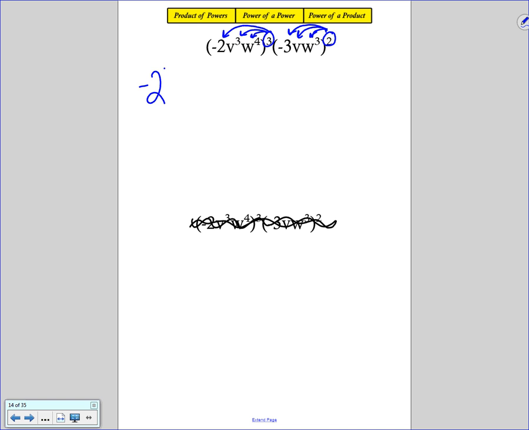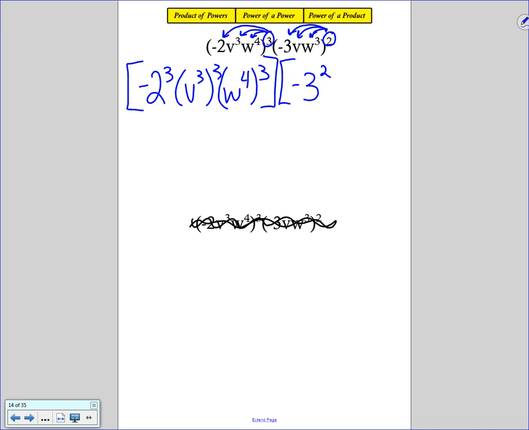I've got negative 2 cubed, v cubed, cubed, and w to the 4th cubed. And I'm multiplying all of that times negative 3 squared, v squared, and w cubed squared. Let's simplify this down some. Negative 2 cubed is negative 8.